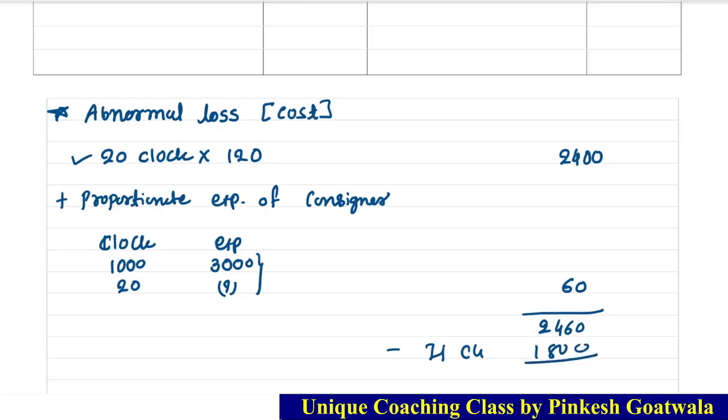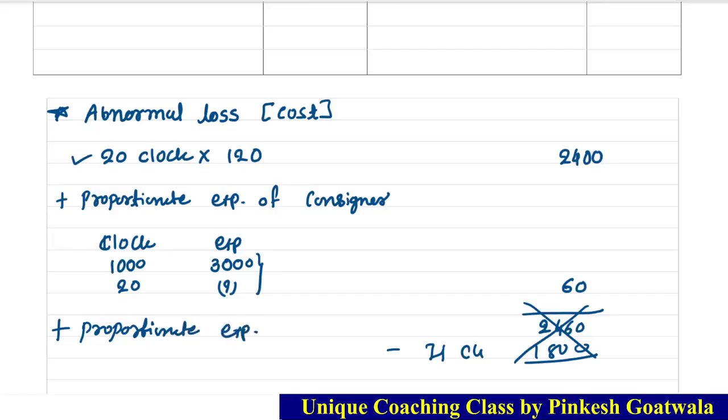But remember, you can't do this calculation here. I told you a minor twist point comes here. So this is the twist point. What is the twist point? Here we can't do the next calculation this way. In this question we have to also add the expense of the consignee.